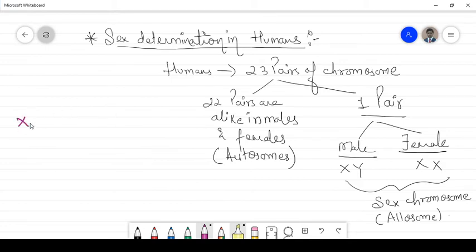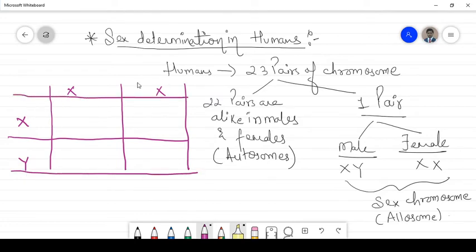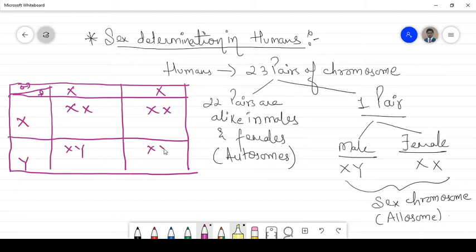Suppose this is X, Y, X, X. So for that we get XX, XX, XY, XY.